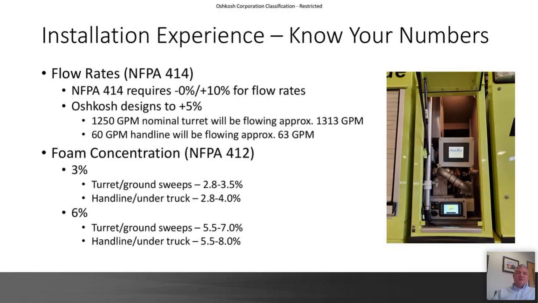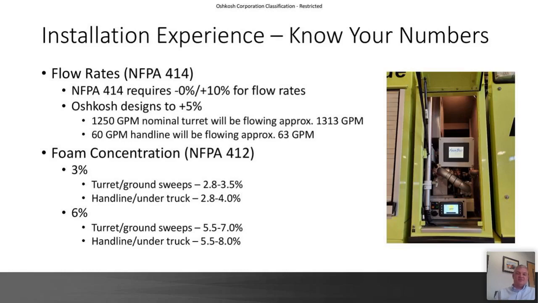A few other things to note, just talking about numbers. NFPA 414 for a discharge requires the solution flow to be minus 0% to plus 10% for a flow rate. We at Oshkosh typically design and build to about a plus 5%. So if you have a 1250 roof turret, that's the nominal flow rate. In reality, you'll see a flow rate that's a little higher.